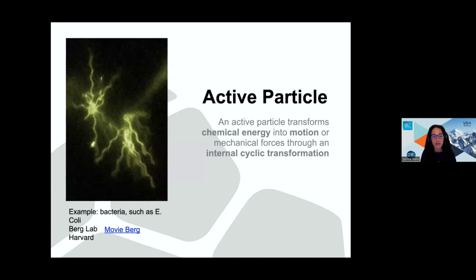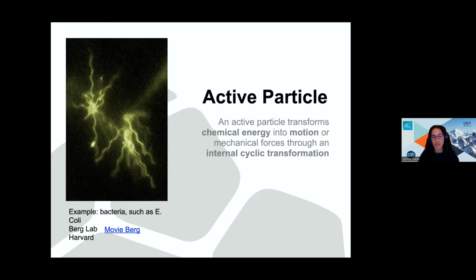So in this context, we can define what an active particle is. It would be the self-propelled unit that composes this matter. And usually it's able to transform chemical energy into motion, or at least mechanical forces, with some cyclic transformation. The best example, let's say, in the living world is a bacterium such as E. coli, which is a very model system.